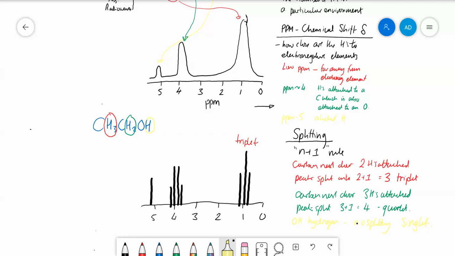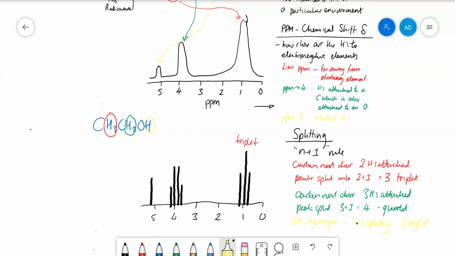So this splitting, as you can probably imagine, if you look at a spectrum and you don't know what the compound is, the splitting of each peak can tell you an awful lot about the structure of the compound. So just to summarize, with 1H NMR spectra, you get a series of peaks which correspond to different hydrogen environments.